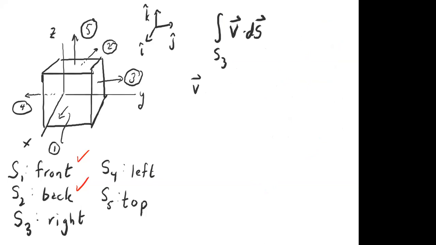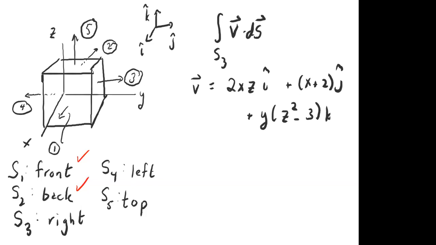So I'll remind you what it is again. 2xz i hat plus x plus 2 j hat plus y times z squared minus 3 k hat. And then the second thing I need to know is what is ds over surface 3. So if you look at this diagram, it follows that that's just j hat dx dz.